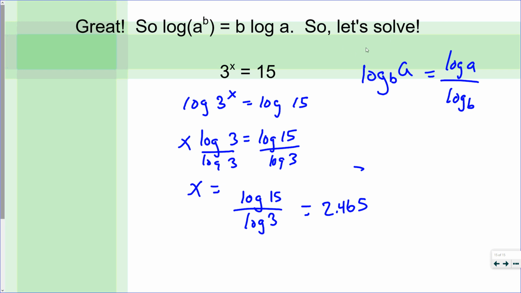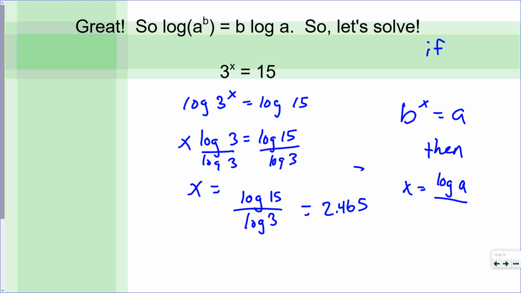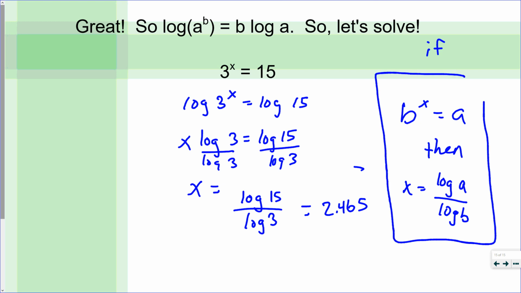Another way that we can write it, which is a good way if you've never seen logarithms before, in the general case: if b to the x equals a, then x equals log of a divided by log of b. That's your big rule.